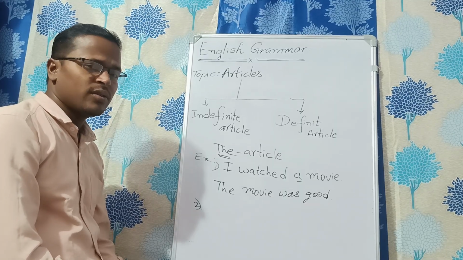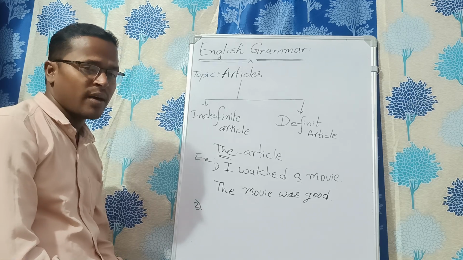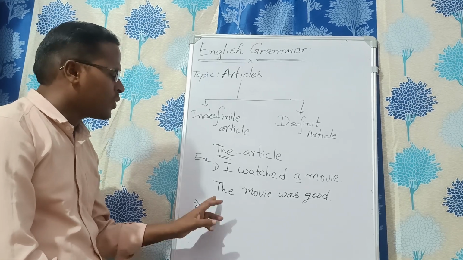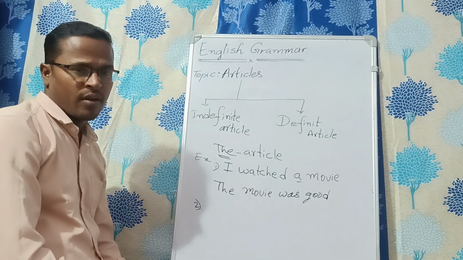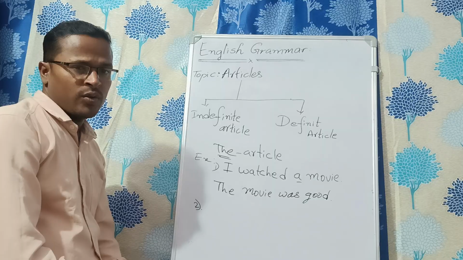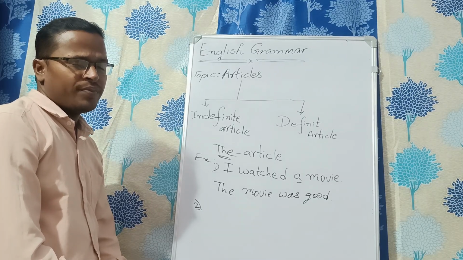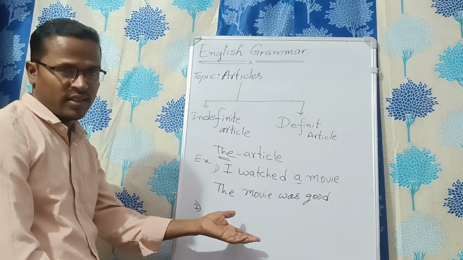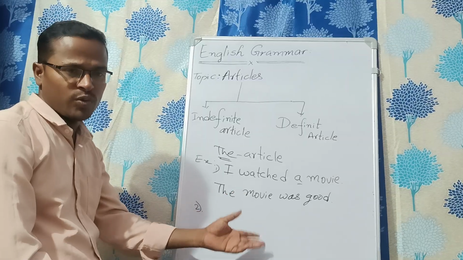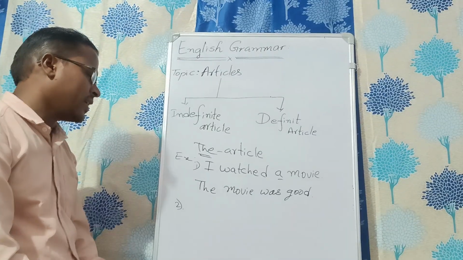Okay, so like that. Again, if you use it a second time, third time, or fourth time, you have to use the again and again. Means when you already know the thing, the lion is already known, you repeated it a second time. That's why you have to use the article.